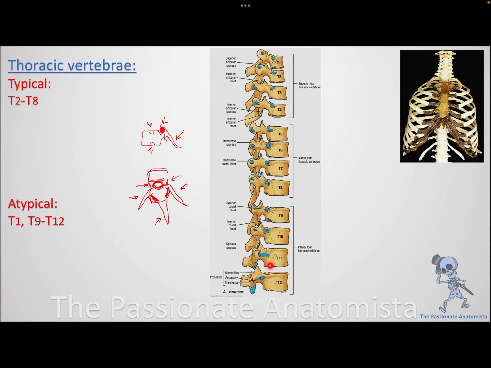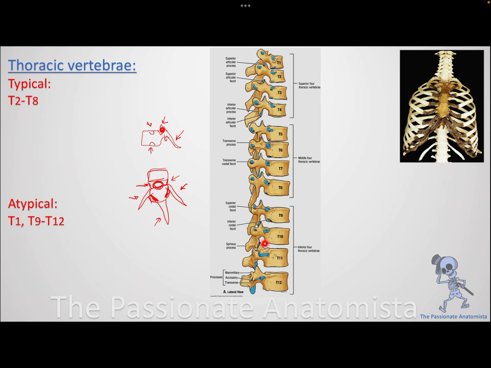So now you guys understand why these are atypical ones, because we don't have superior and inferior demifacets. We don't have for T12 and 11 transverse costal facets because they are articulating with floating ribs. And 10 is affected by this idea.